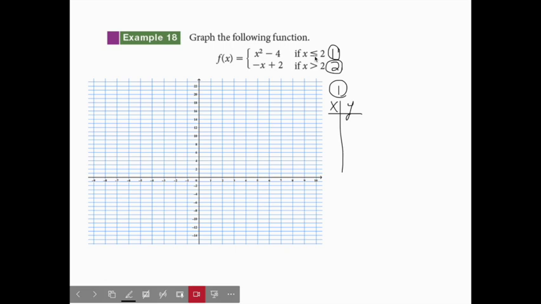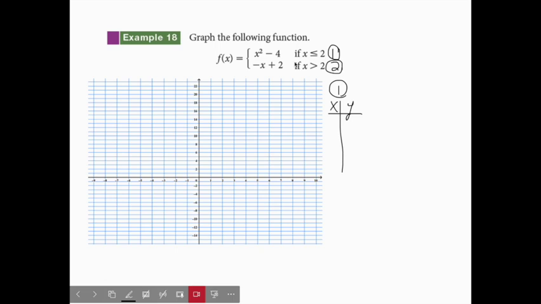When you are making your t-table, because a lot of the times you have functions that are curvy, like x squared that has a curve to it, you want to make sure you use at least 3 points so that you can graph the curve as accurately as possible when you draw that on the grid. The more points that you have, the more accurate that's going to be.